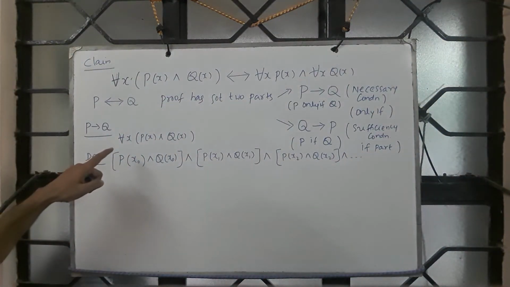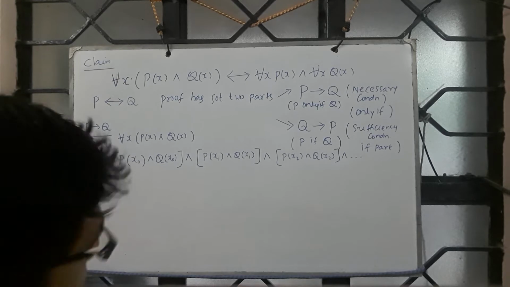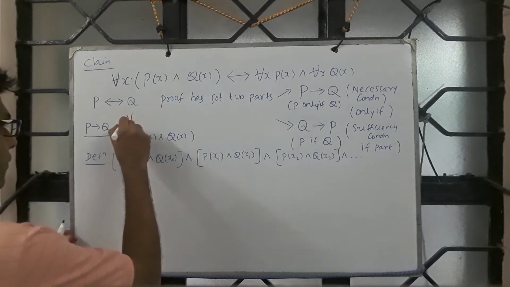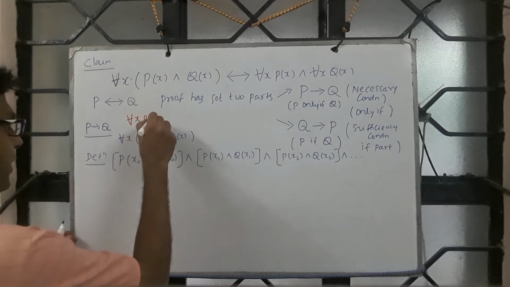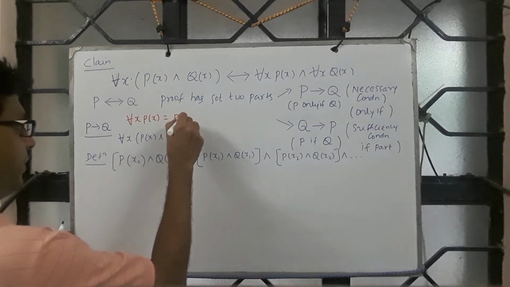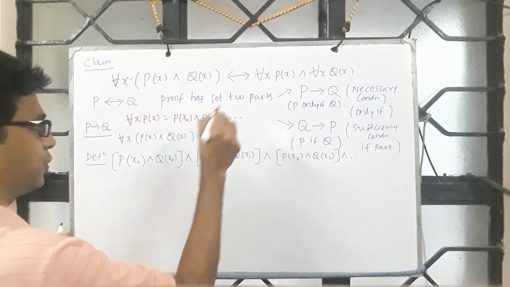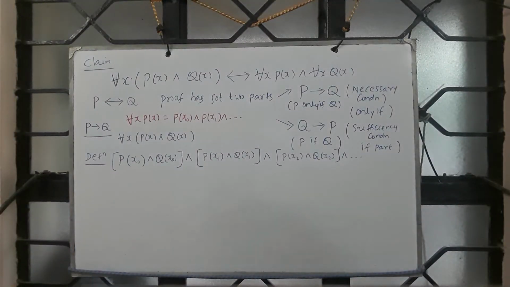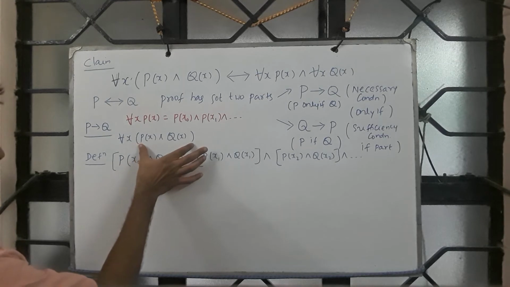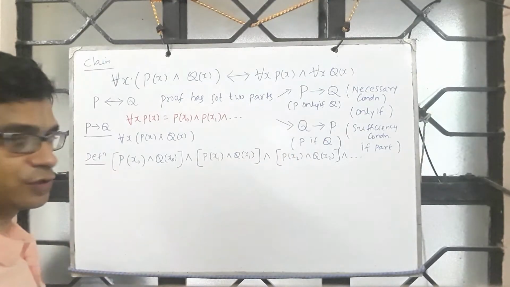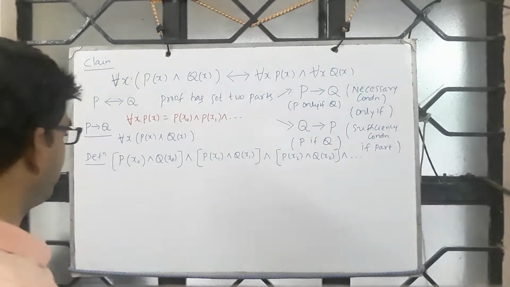Because we know for all x, p of x is p of x naught and p of x1 and so on. Now in this case my p is precisely this. So instantiate with respect to first element, second element, and so on. Okay.